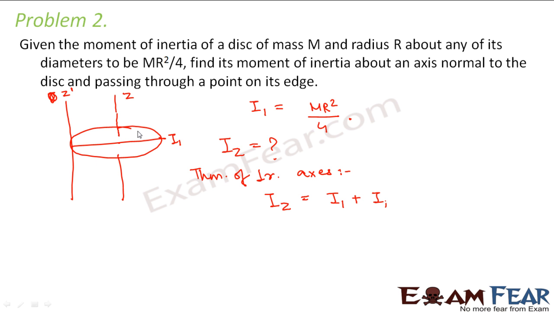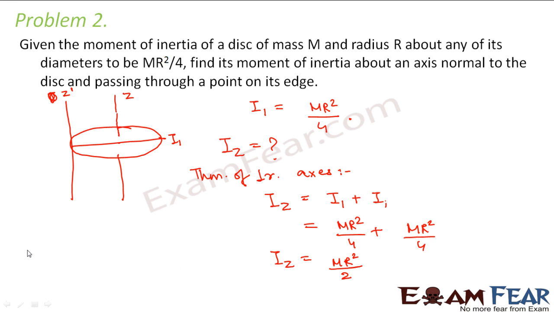So this I1 and this I1 both lie on the plane of the object. So Iz is equal to I1 plus I1, which is mr square by 4 plus mr square by 4. Therefore, we get Iz is equal to mr square by 2.